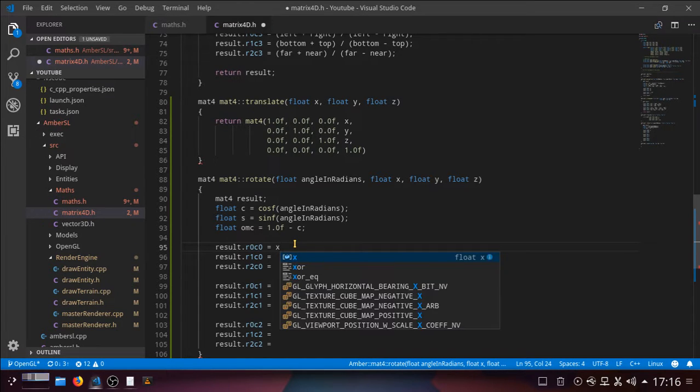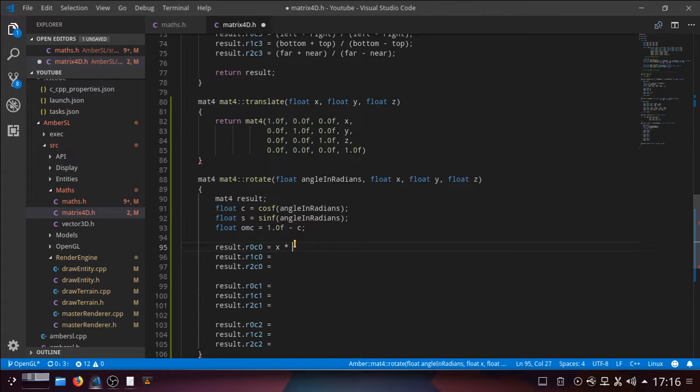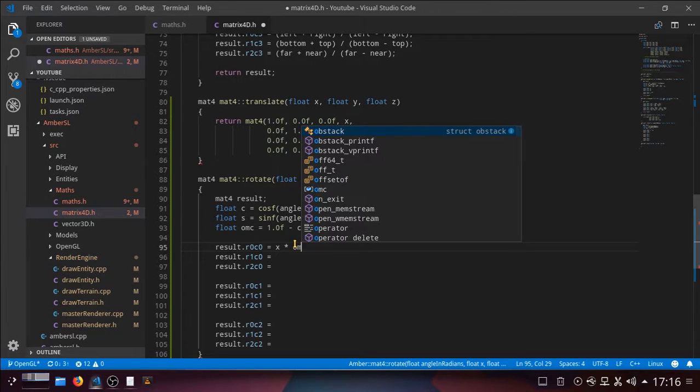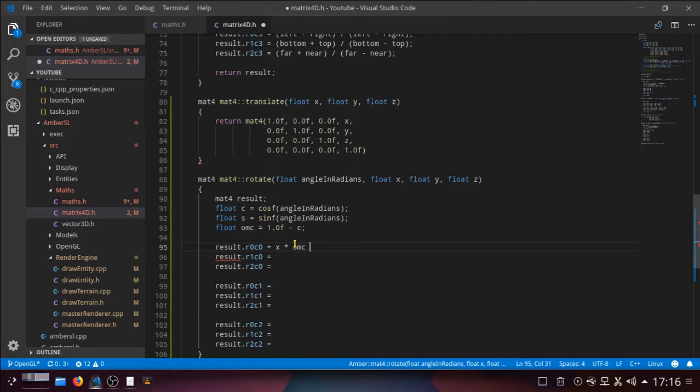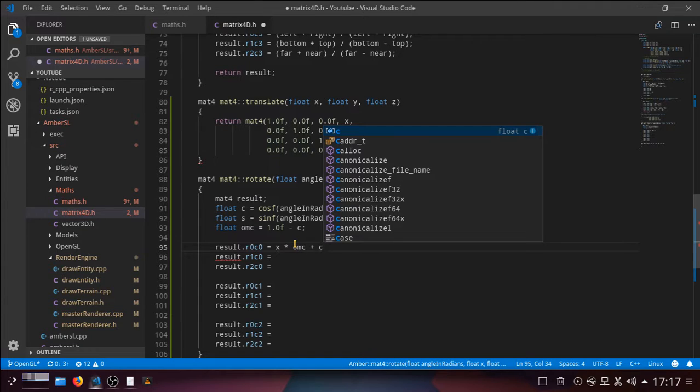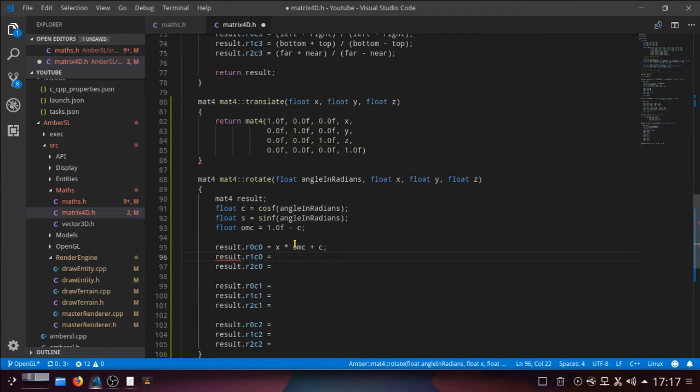Float x times 1 minus the constant, and is it plus or minus? Yeah, that's plus the cosine. There we go, that's that one done. Looks a lot better if we do it this way.